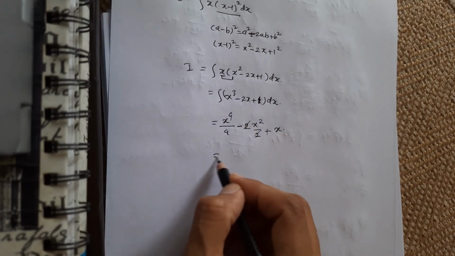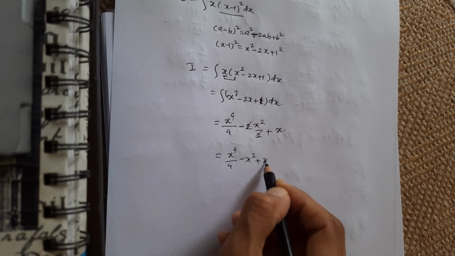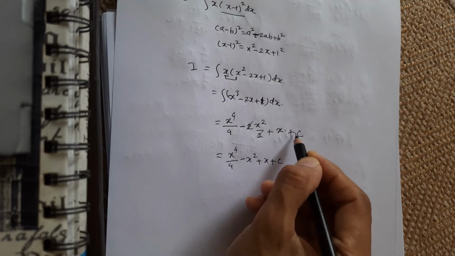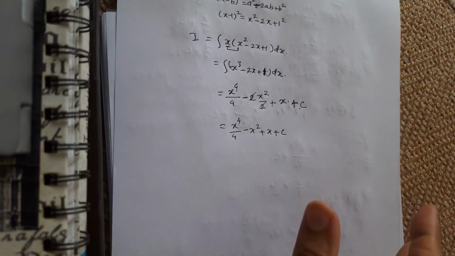This 2 gets cancelled, so I get x to the power 4 upon 4 minus x square plus x plus c, an arbitrary constant. So that's how we get the value.